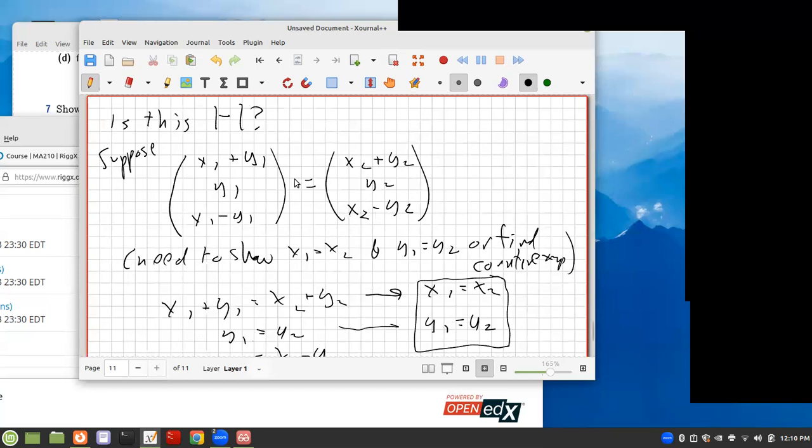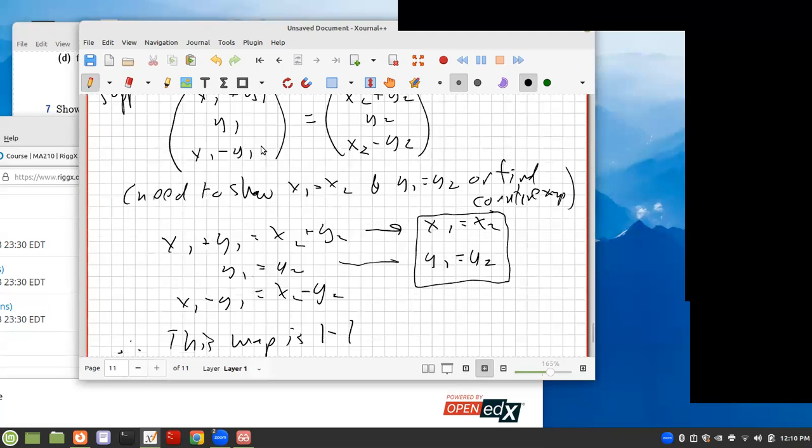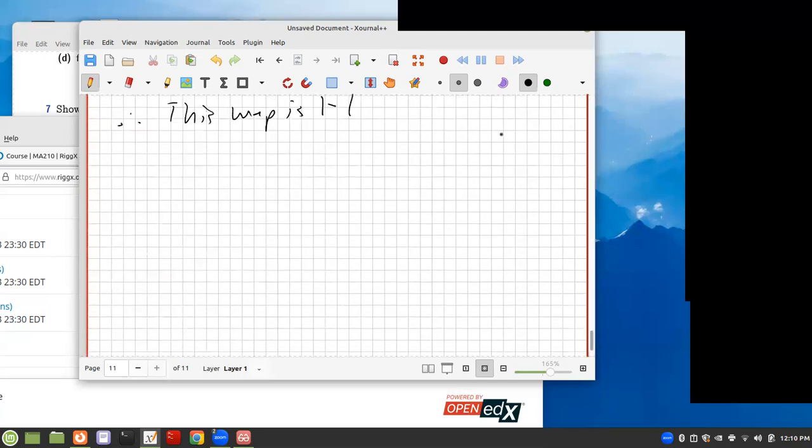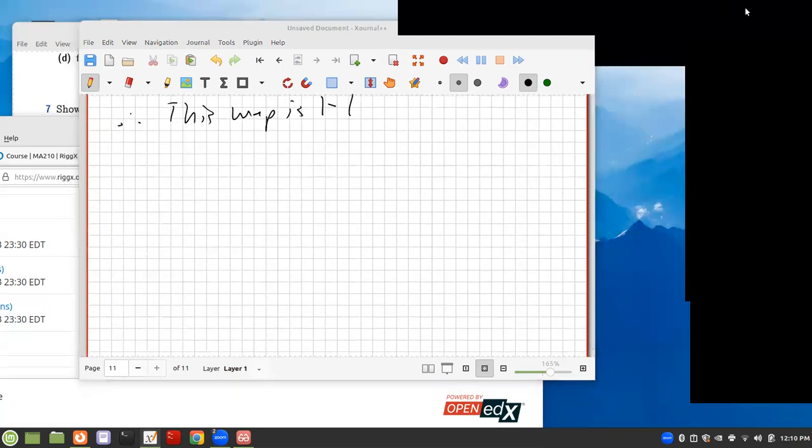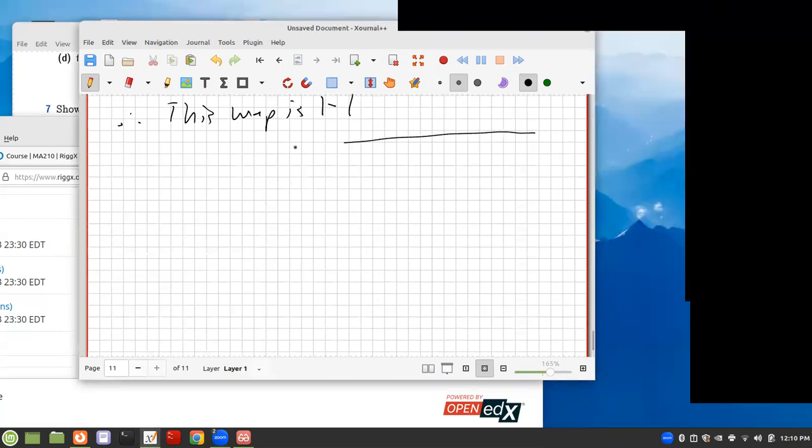But this is the goal first of all. We want to look at the second property of being onto.